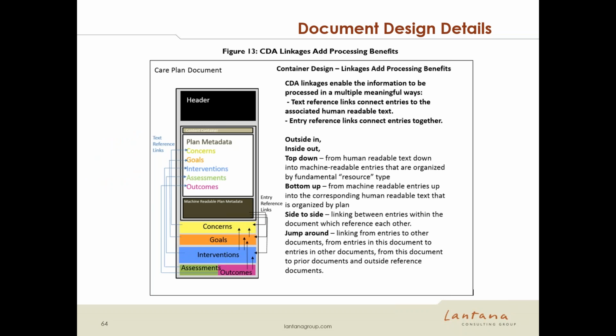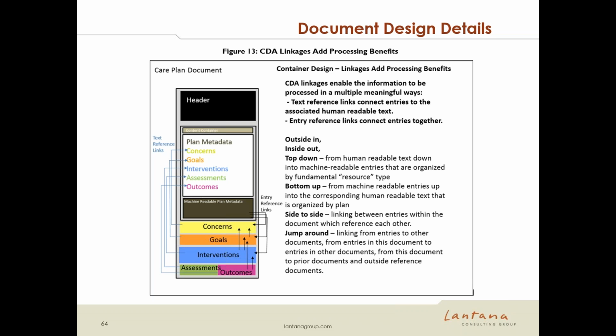So the way that we did that gives you a new, more specific pattern for making a plan that is a human readable plan that can have multiple plans inside of it, but also gives you the linkages to represent that information in machine readable entries that have relationships to each other.